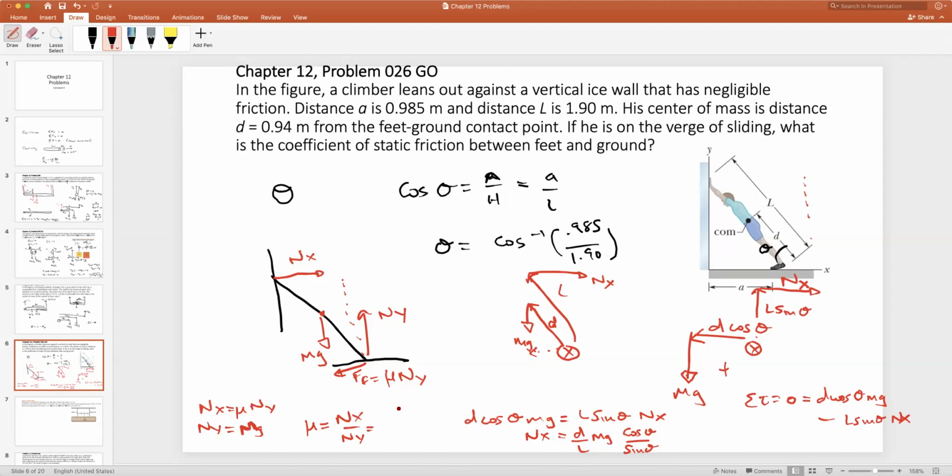So this ends up being d over L times 1 over tan theta. The only thing you had to solve for here was knowing how to get theta. So really, this is just a simplified ladder problem where they didn't give you the angle. It's not too hard. It's a really good practice problem, but it's super simple and you can do it in basically no time at all. I'm going to go back through it slower in a little bit, but hopefully that helps.